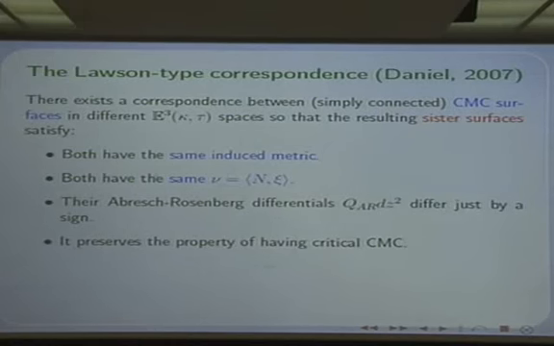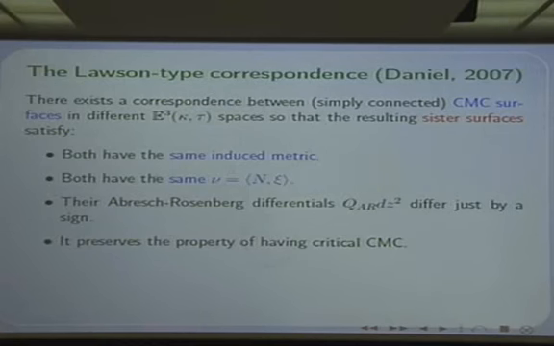One is the induced metric, so the surfaces are isometric. The second one is that they have the same angle function. So in particular, this is important because if the angle function is different from 0 for one, then it is different from 0 for the other. So it preserves the property of being transverse to the Killing field. Or in other words, it preserves the property of being a local graph over the base space.